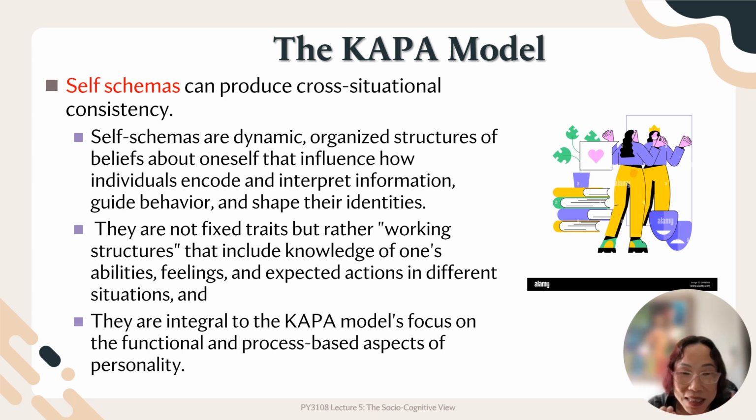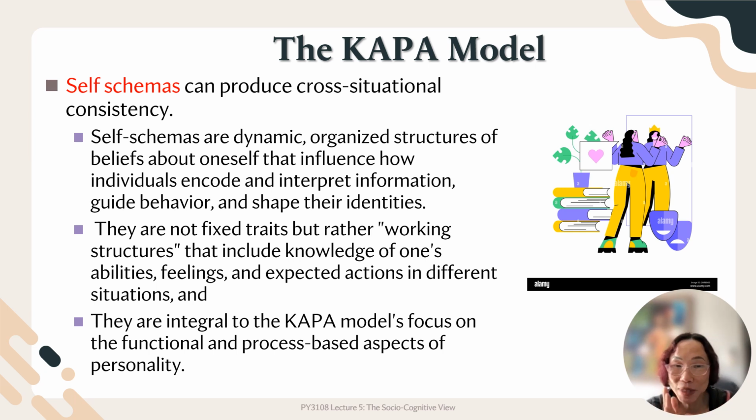Self-schemas are not fixed traits, but rather they are working structures that include knowledge of one's ability, feeling, expected actions in different situations. So it's the self-knowledge about the self, how I will behave in this situation, in that situation. And self-schemas are integral to the Kappa model's focus on the functional and process-based aspect of personality.